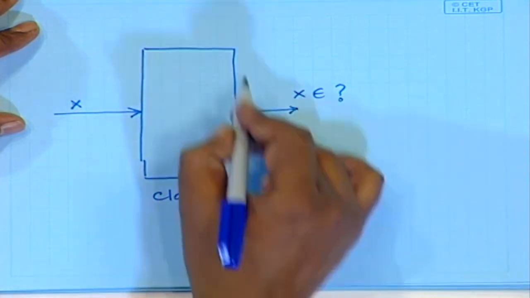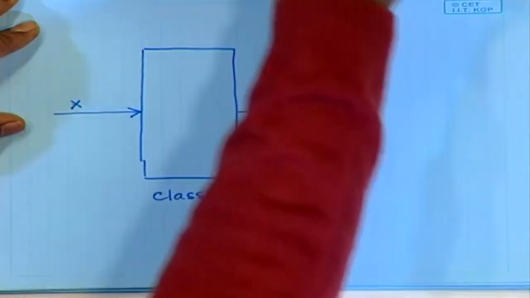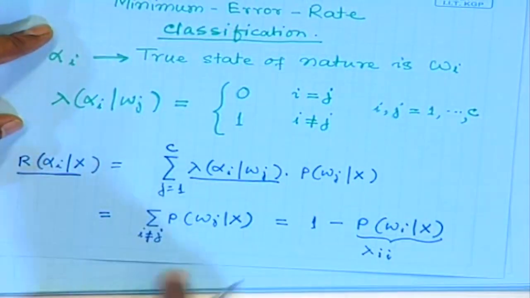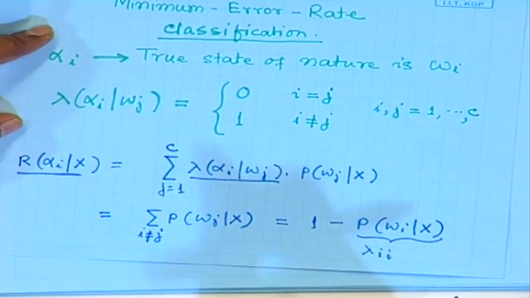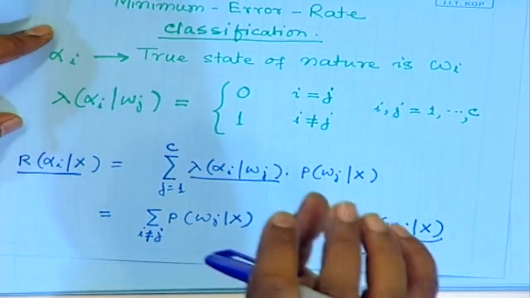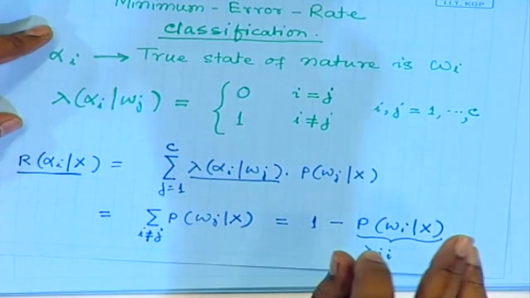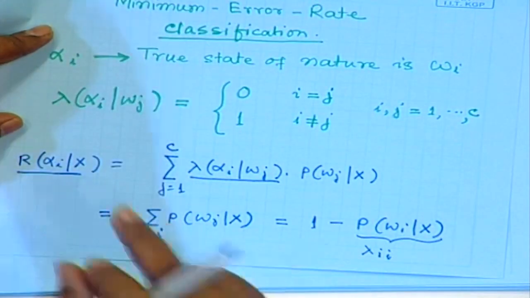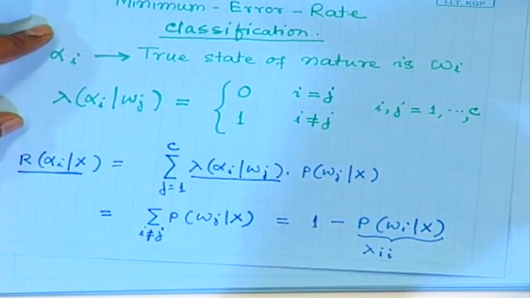Inside this black box, all these different calculations are to be made. If I go for the minimum risk classifier, then for every different action, the classifier has to find the corresponding risk, and it has to give me that action for which the risk is minimum.